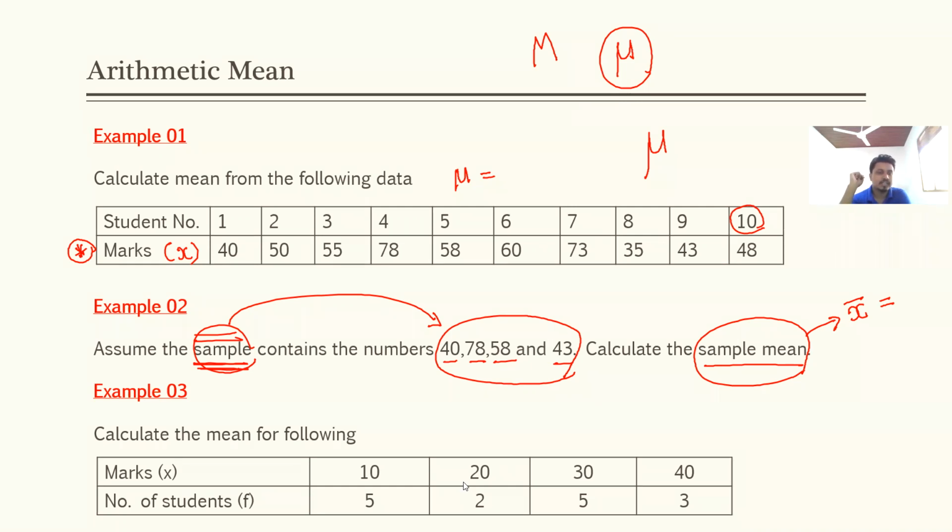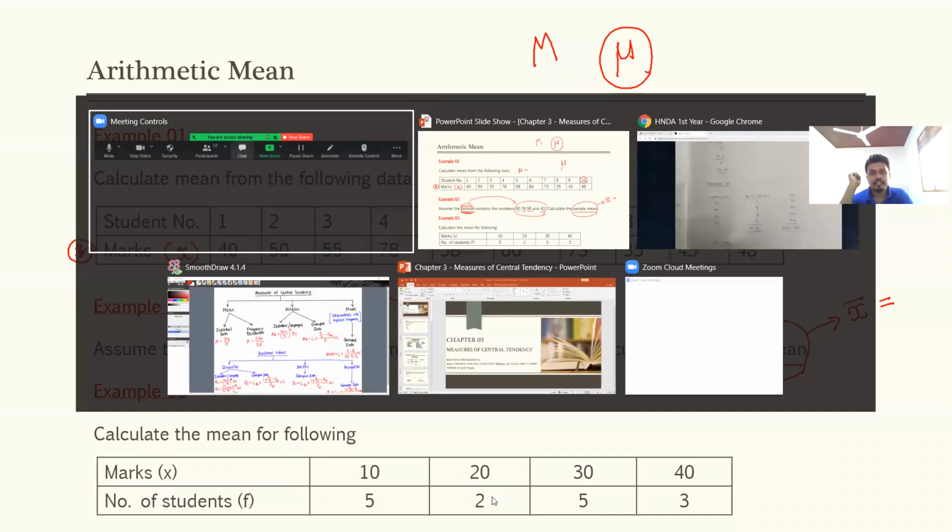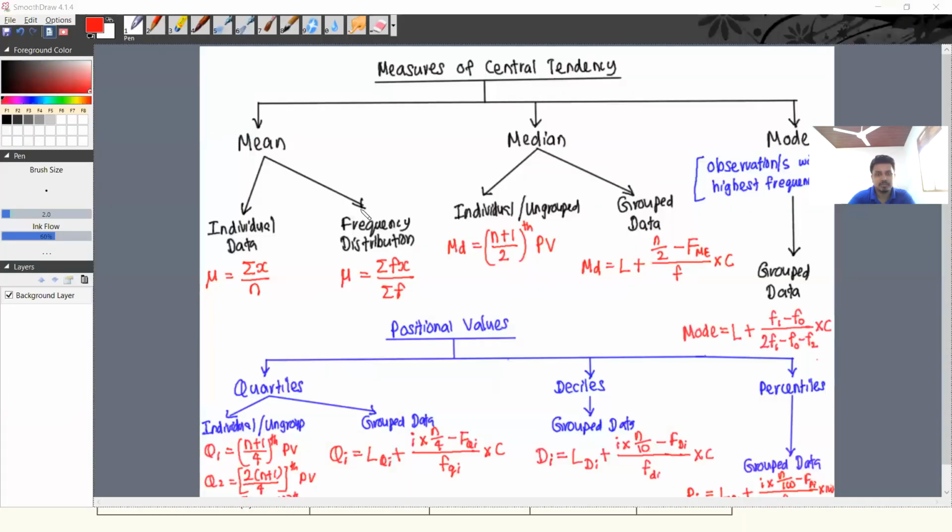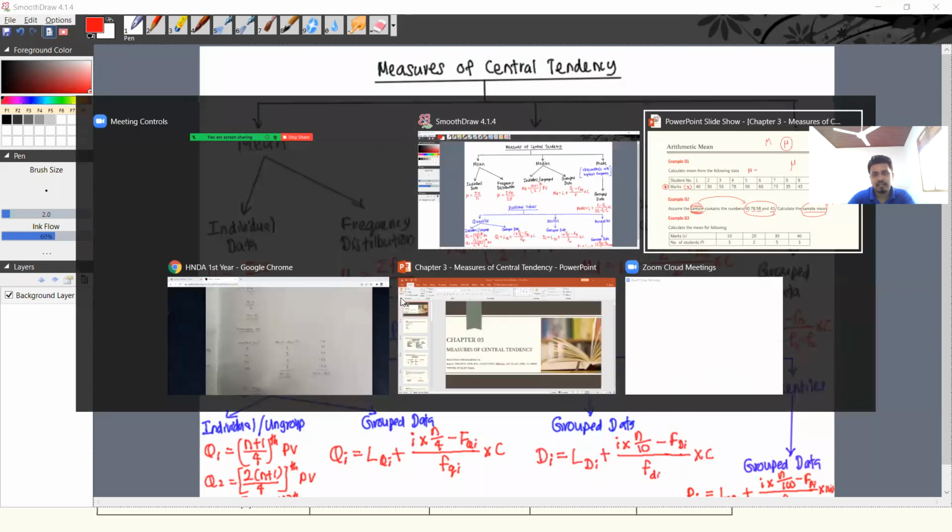And we need to calculate the mean. Whether it is ungrouped or grouped, it is a frequency distribution. If it is a frequency distribution, we use this formula to calculate the mean value: mu equals sigma fx over sigma f.